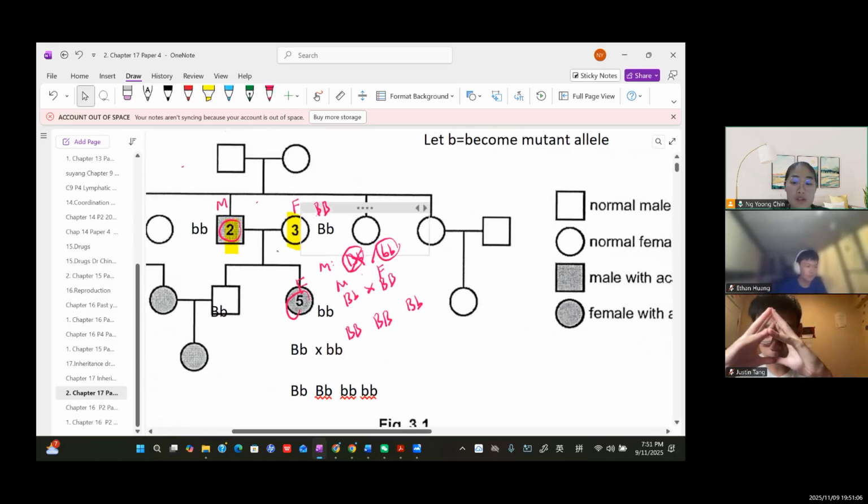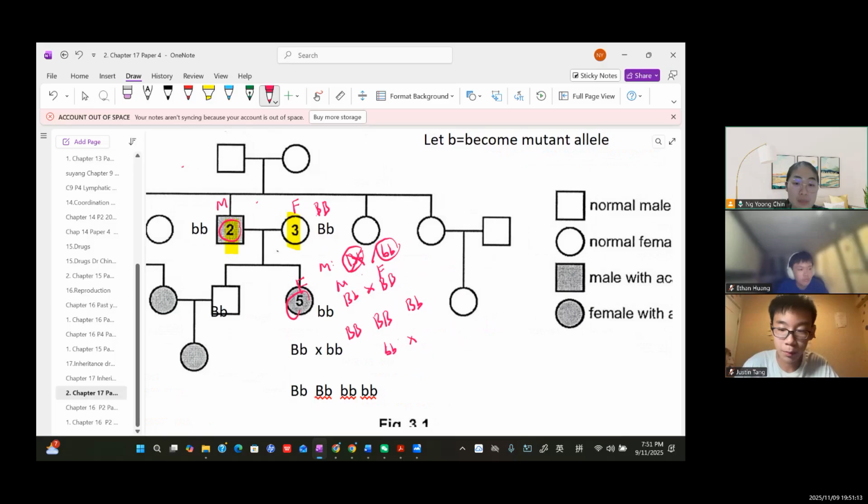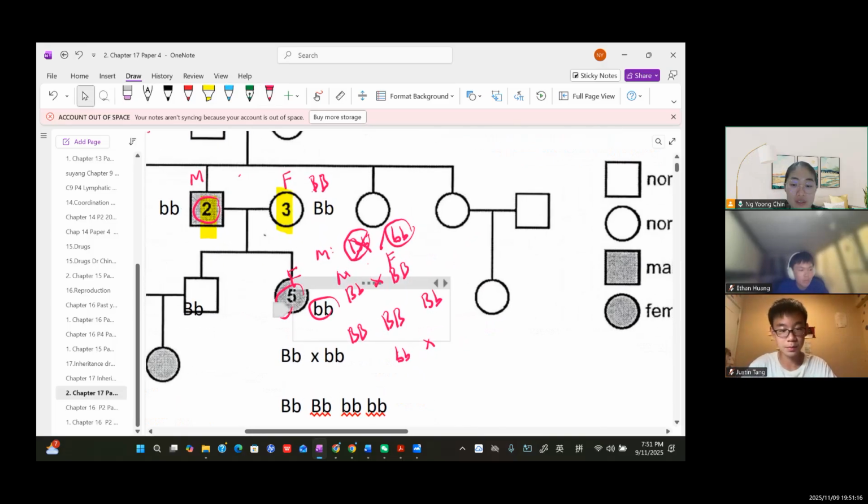What happens if you have 2 small b in the male? That means you need to produce 2 small b at the end. So when this male crosses with the female, for example this female, she must be a carrier.